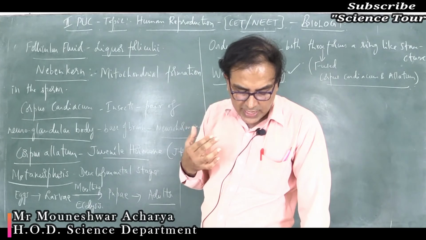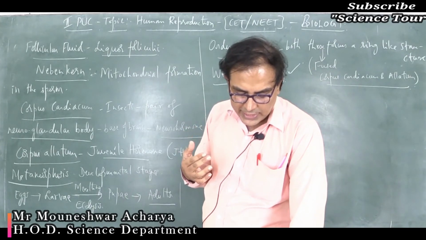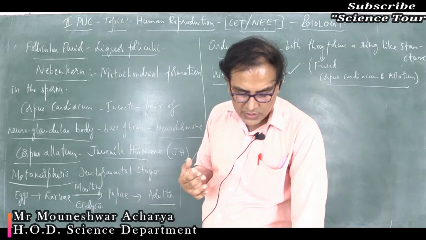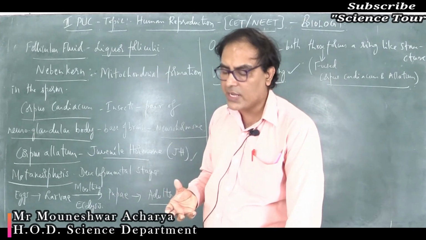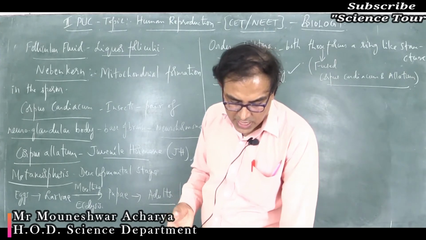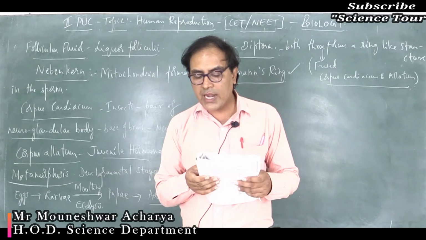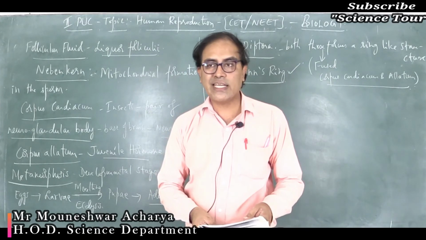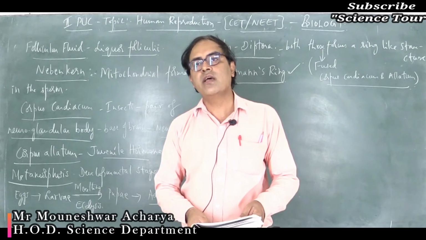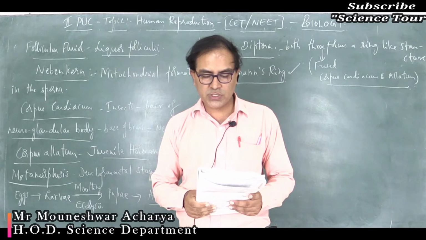Anterior pituitary gland. GnRH, a hypothalamic hormone needed in reproduction, acts on the anterior pituitary gland and stimulates the secretion of LH, luteinizing hormone, and FSH, that is follicle stimulating hormone, and helps in the development of gonads, that is testis in male individuals and ovaries in female individuals.